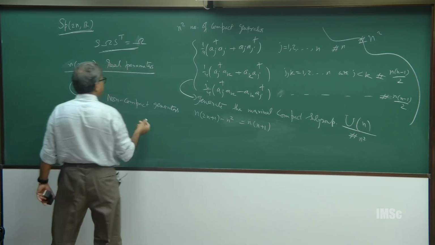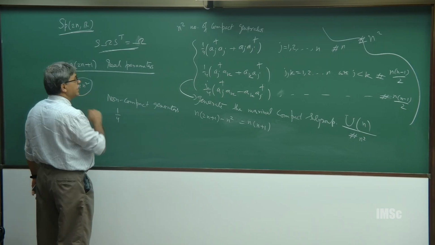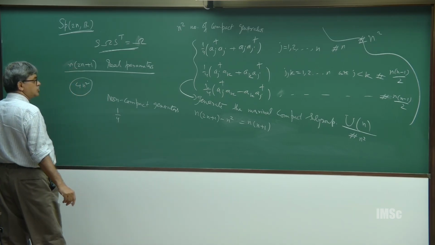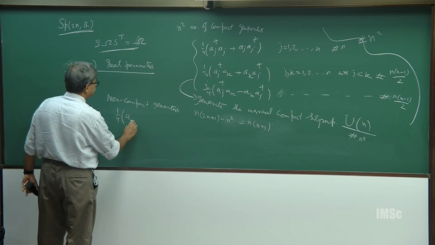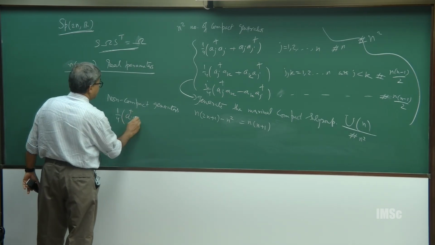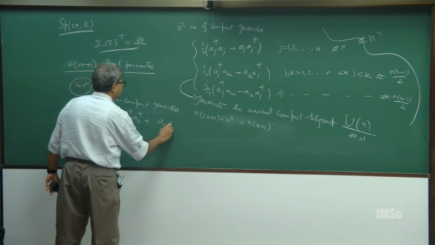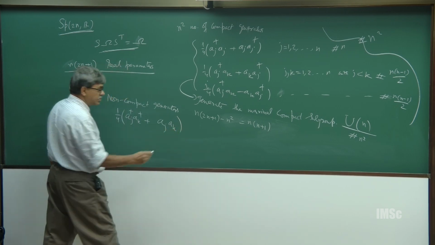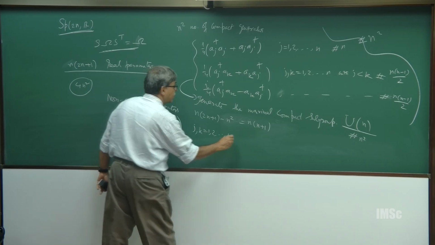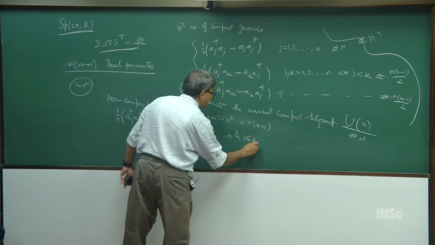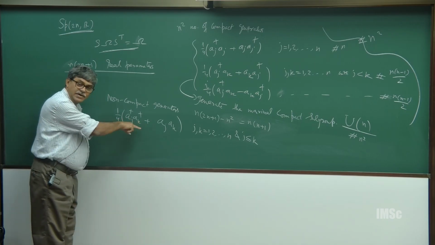You can think of them like 1 upon 4 (aj dagger ak dagger plus aj ak), with j and k equal to 1, 2, 3 up to n and j less than or equal to k, because for a single mode system this will give rise to squeezing.